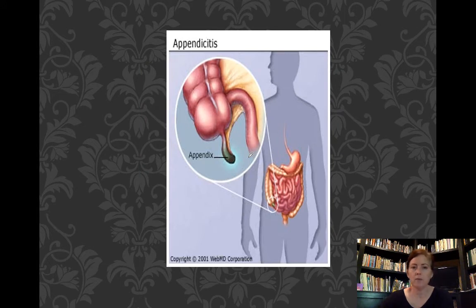Okay, it is notable that this is the area of the appendix. The appendix is this little lymphoid organ that's hanging off the bottom of the cecum, and basically it helps to contain or trap bacteria that you may ingest in your food, so it offers us protection, but there are also cases where that appendix can get kind of twisted on itself, and feces from the large intestines can get trapped in there, and it can become inflamed and infected, and so we call that appendicitis.